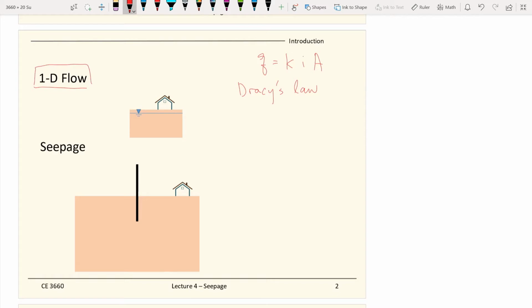So what does it mean by one-dimensional flow? Darcy's law highly relies on the fact that the water is going strictly in a straight line.